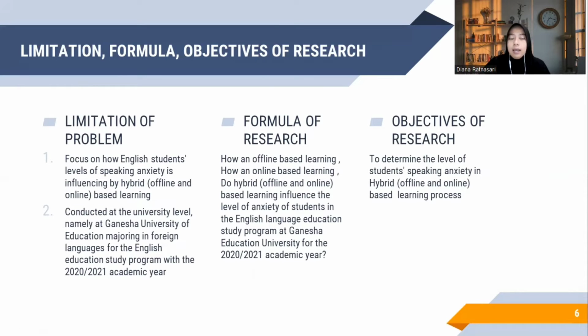I have also limited the population, or the level, of this research. This research is conducted at the university level, namely at Ganesha University of Education, majoring in foreign language, in the English education study program, with the 2020-2021 academic year.